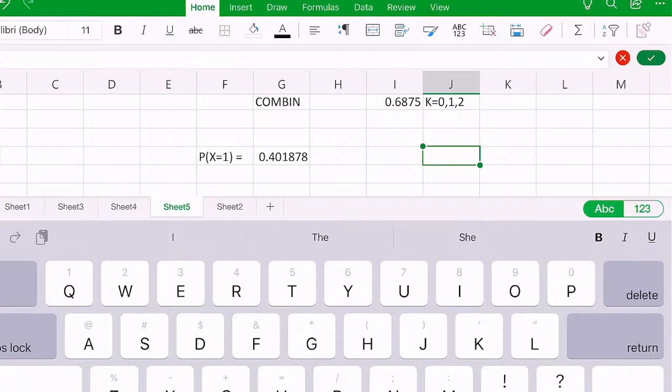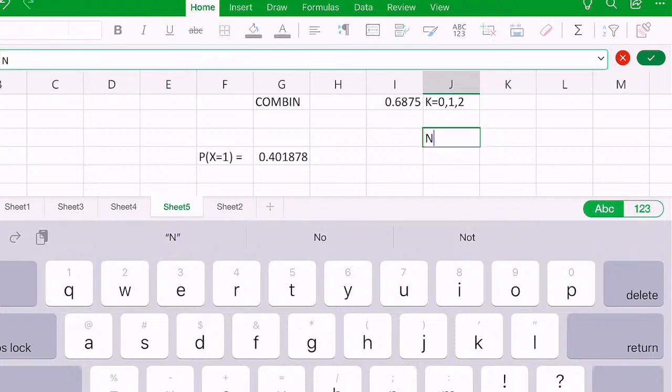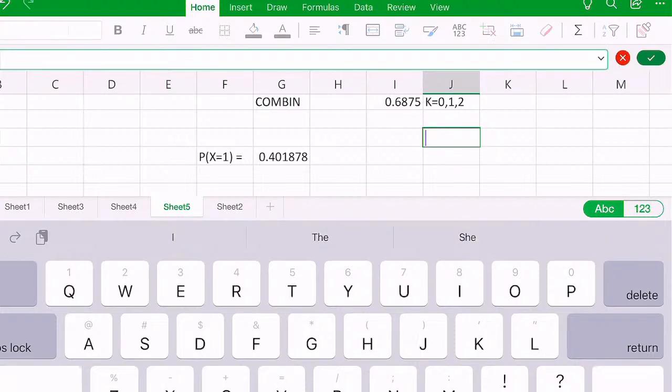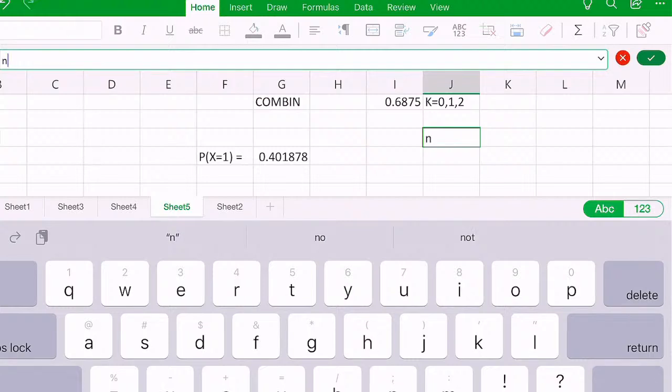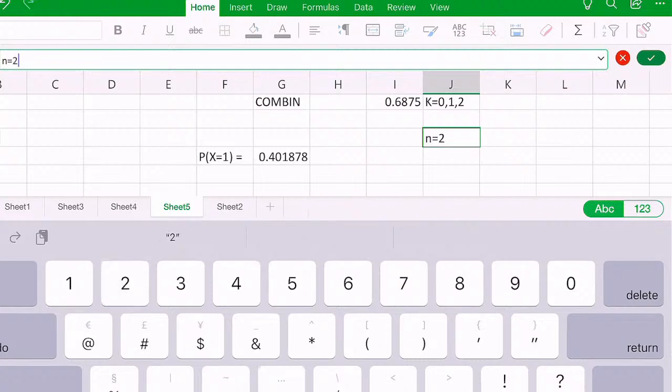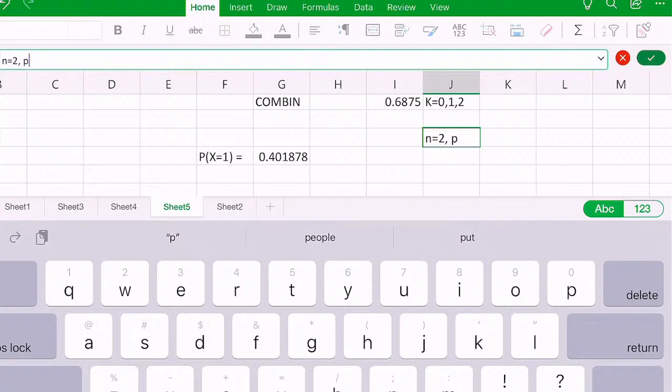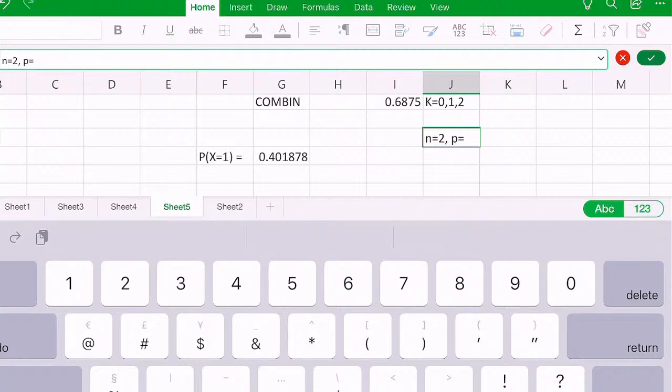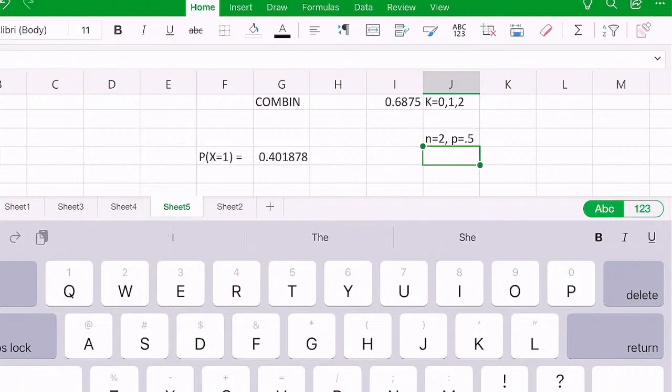So let's try for n equals 4 and p equals 0.5.